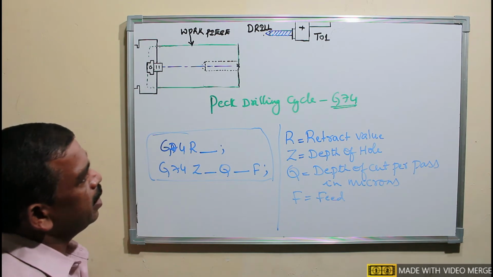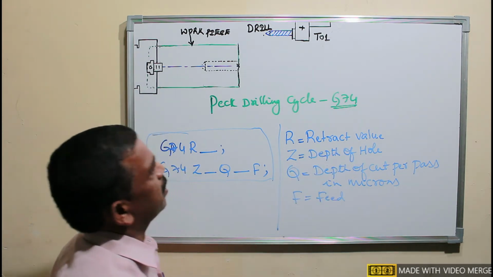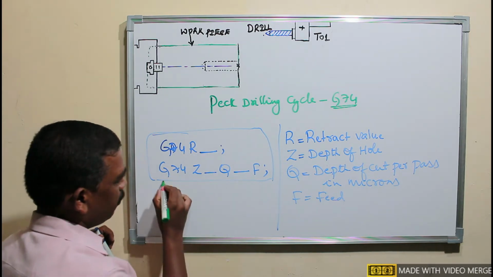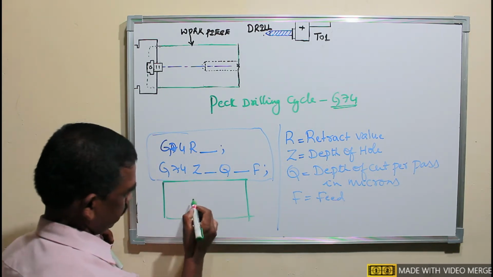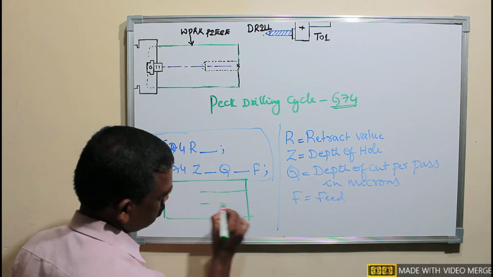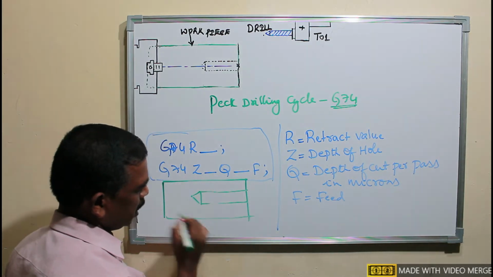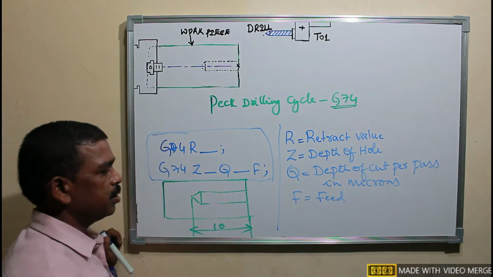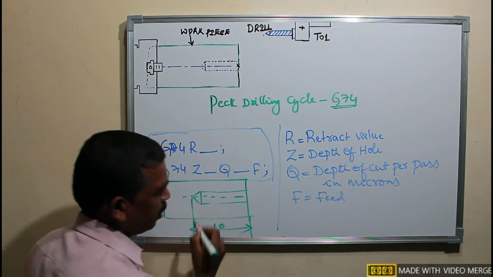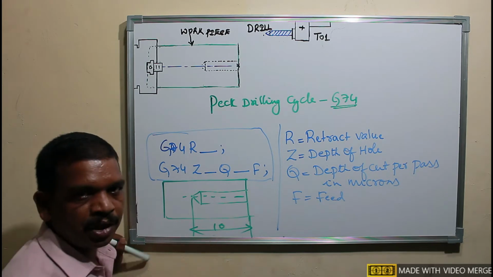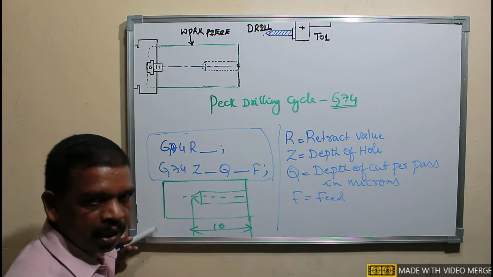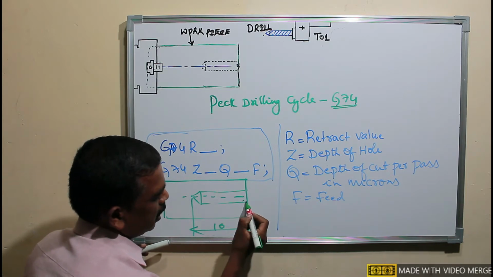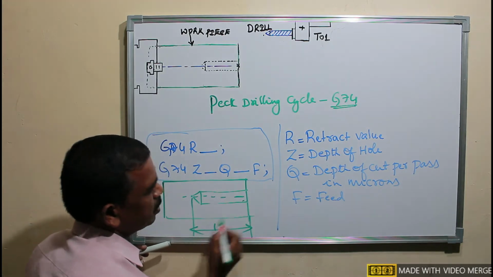Okay, see, what is the meaning of this retract? Friends, if I want to do a drilling operation in a conventional way, assume the depth of the hole is 10 mm. When we do the drilling operation using a drilling machine or conventional lathe, we will not do the 10 mm depth at once.